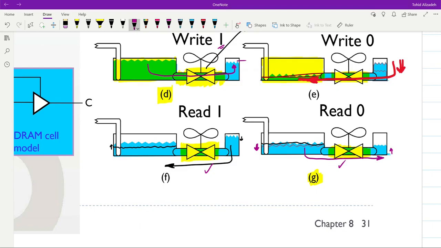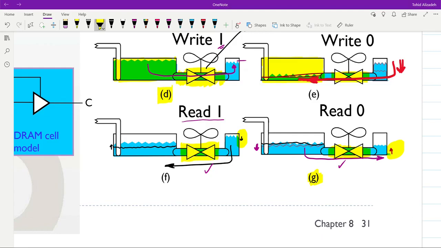However, you can see over here that by reading the value from the memory cell, at the same time we are modifying the content of the memory cell a little bit, okay? And if we do so, especially if we do it more than once, then the level of the liquid in the small tank might be some value which doesn't correspond to either 1 or 0.